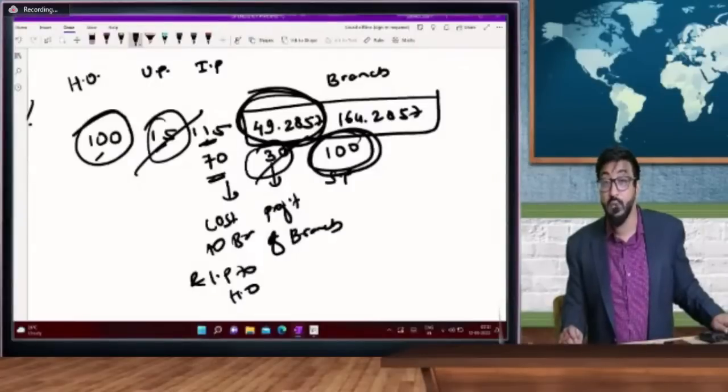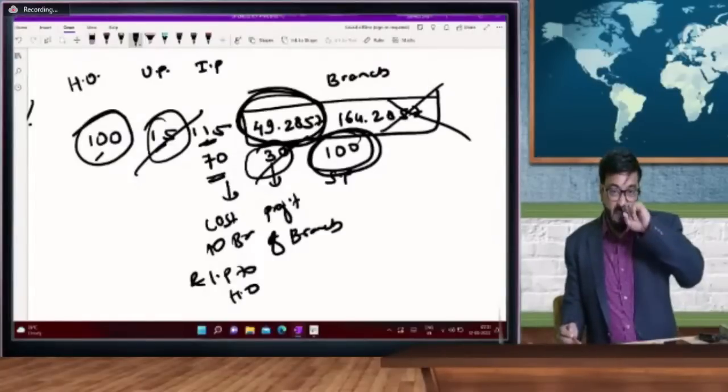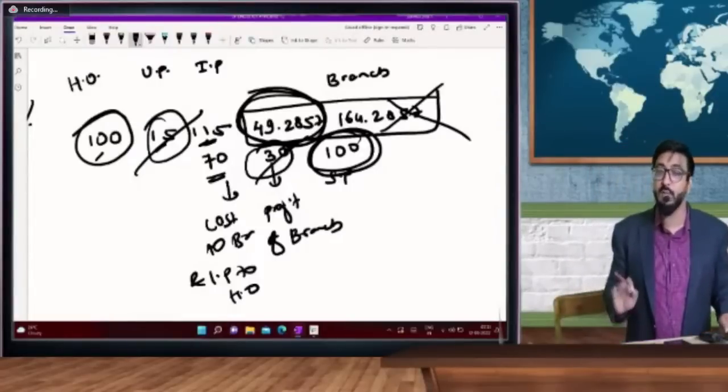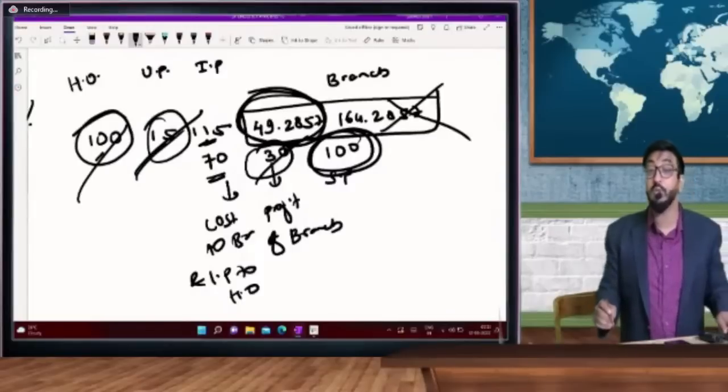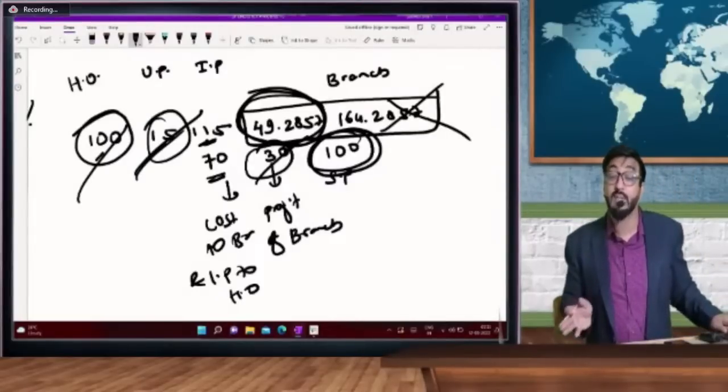If you calculate this profit, it will be different. So don't use this technique for calculation of profit, 49.2857 and 164. Use simple calculation. If you are calculating head office profit, it is 100 rupees and 15 rupees on cost. And if you are calculating branch profit, it is 30% on sales.